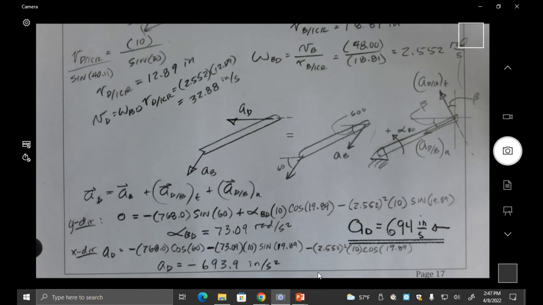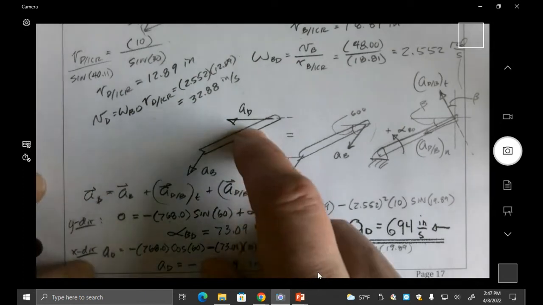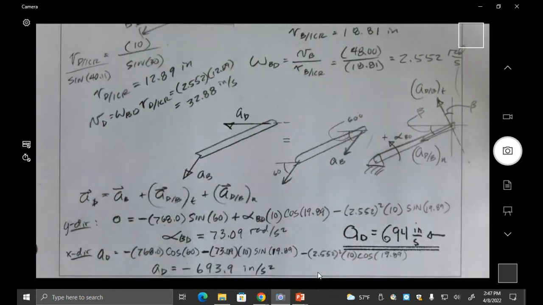If I made a guess on my diagram and I made this negative, and then I got a negative answer, I might think, well then I must be wrong. You can double negative yourself, right? And I get the wrong direction. So it's almost better for me sometimes to not even draw it on there, just to assume that it's going to fall out to be whatever it is on the diagram.